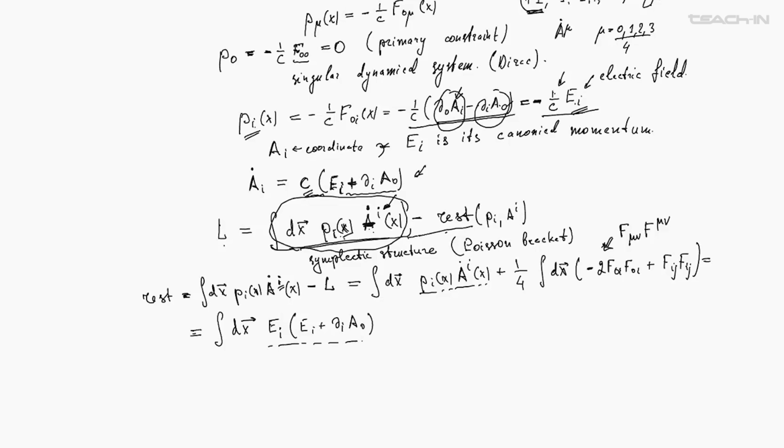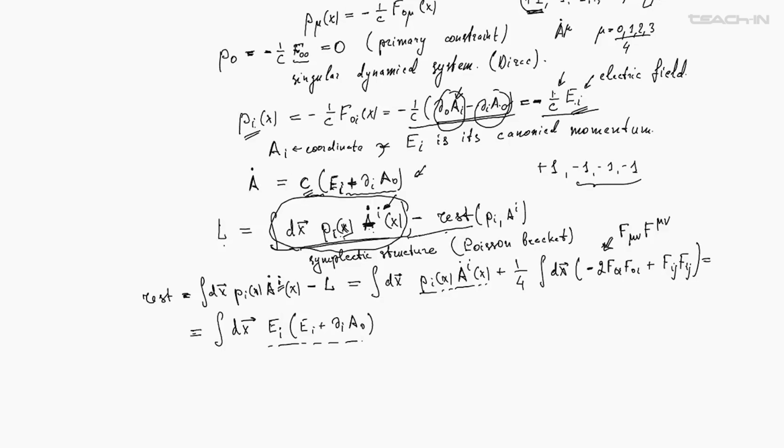When I raise it, because the Minkowski metric has signature +1, -1, -1, -1, a spatial index is raised or lowered with a minus sign. So this was with lower index, and this is with upper index. When I raise an index, a minus sign appears here. So if I allow myself to raise the index here, then the result is ai with upper index is minus c.